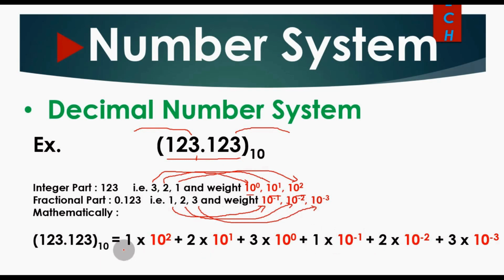If you solve this, you can find the decimal number 123.123. Okay, so I hope you understand the concept of the decimal number system.